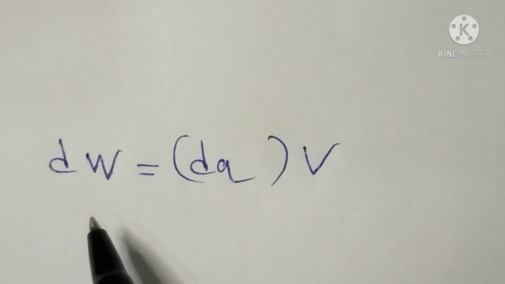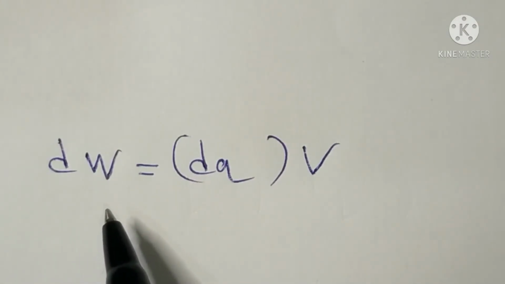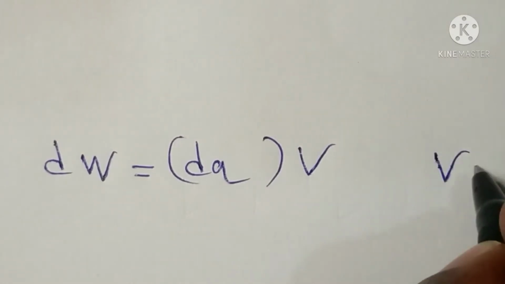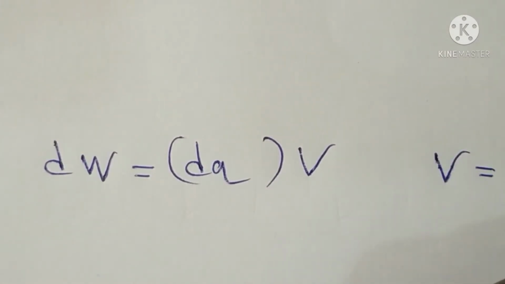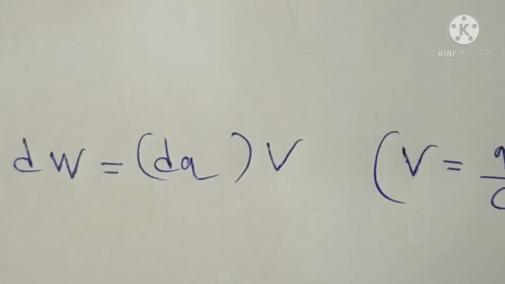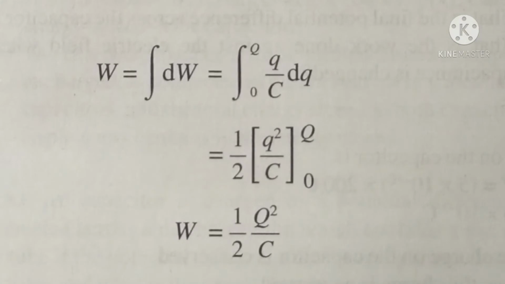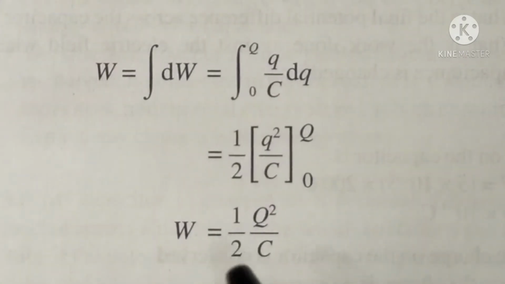So this is the work needed to add a small amount of charge dq when a potential difference V is across the plates, where V equals Q over C. Therefore, the work done to charge the capacitor to a charge Q is half Q squared over C.